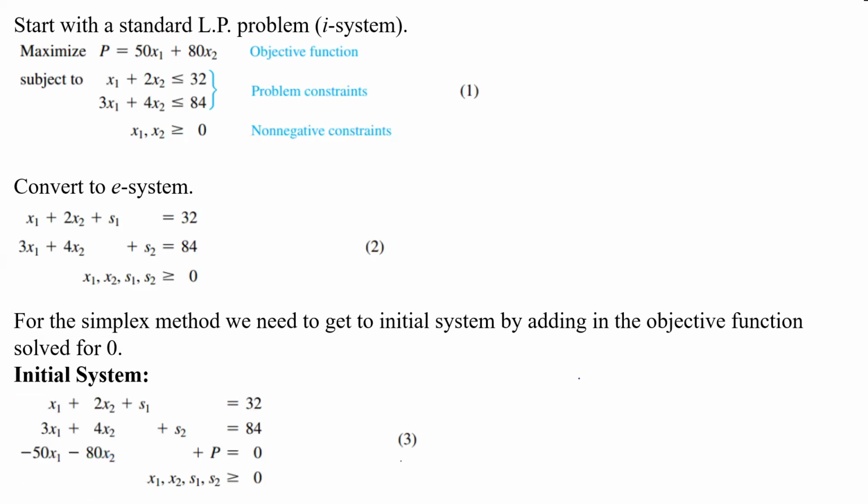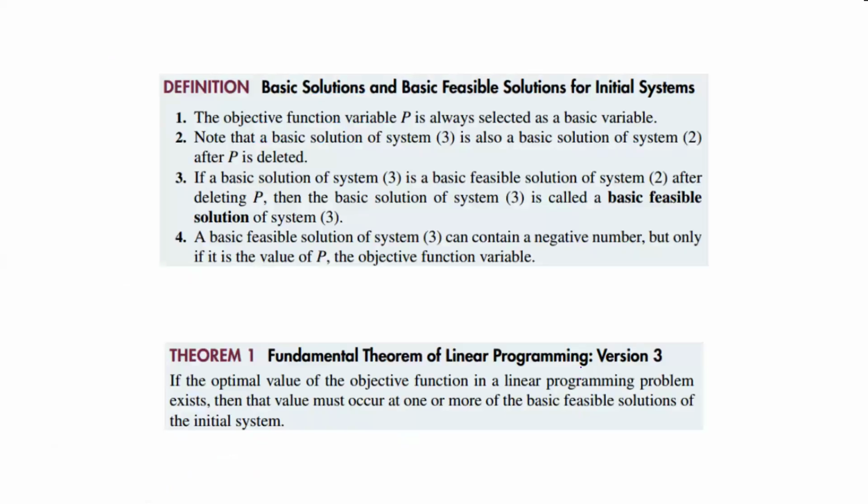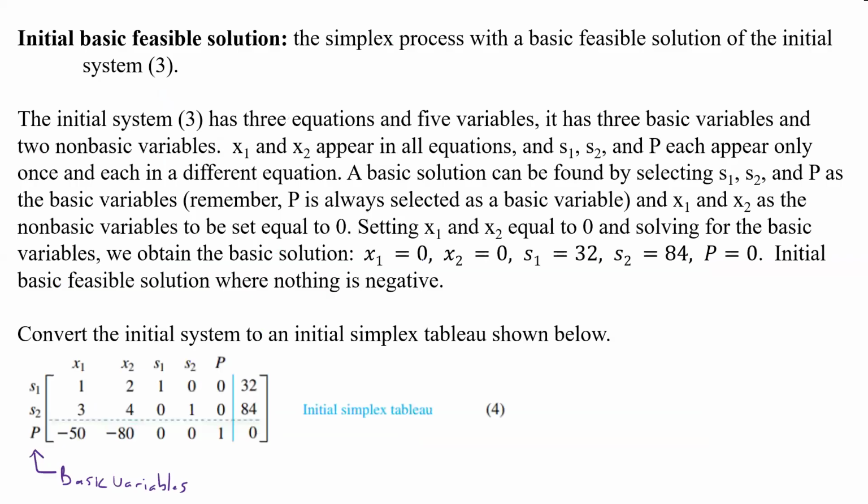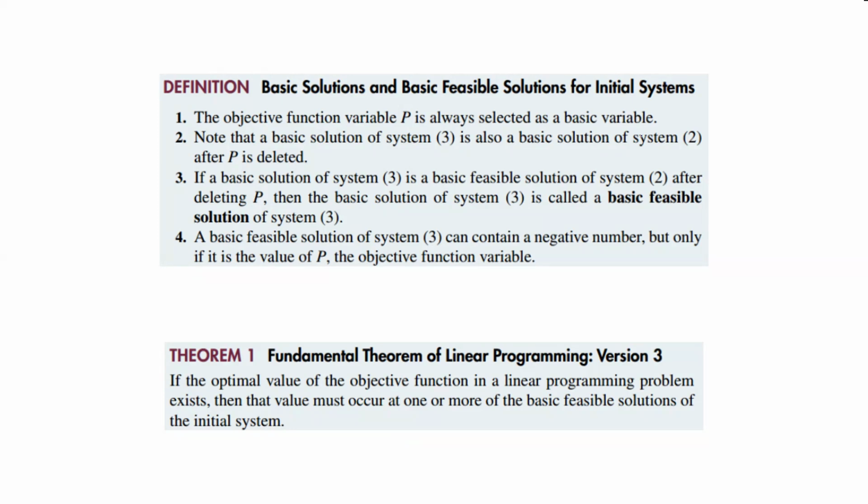Now, some definitions. So basic solutions and basic feasible solutions for initial systems. Now, the objective function variable p is always selected as a basic variable. Now, note that a basic solution of system 3, which is our initial system, is also a basic solution of system 2 after p is deleted.